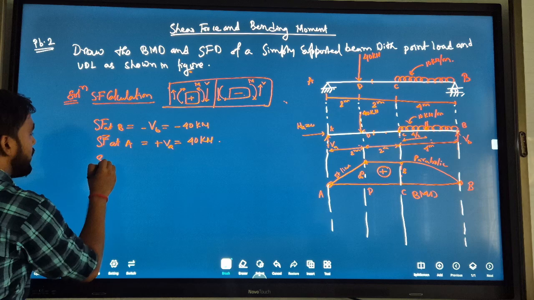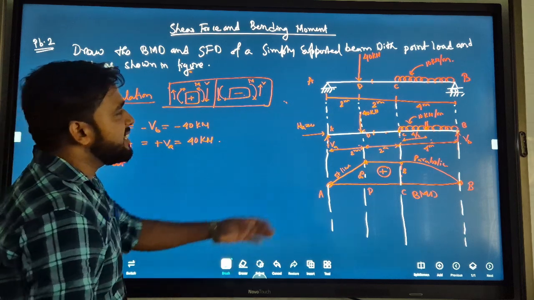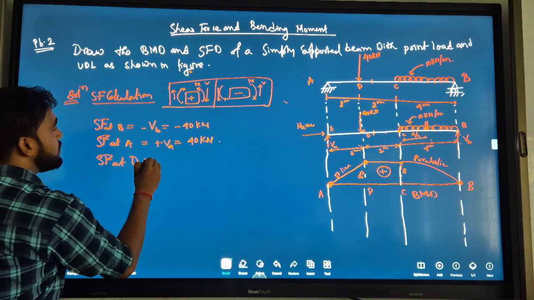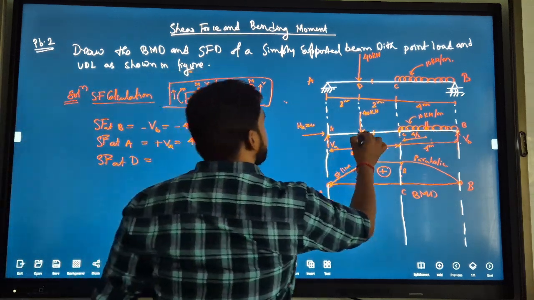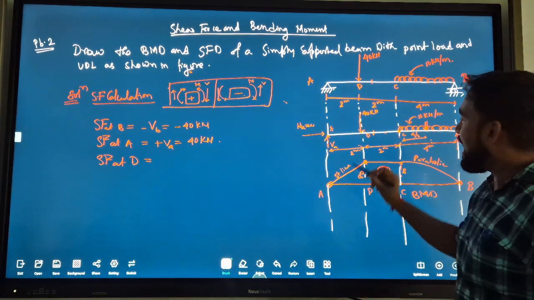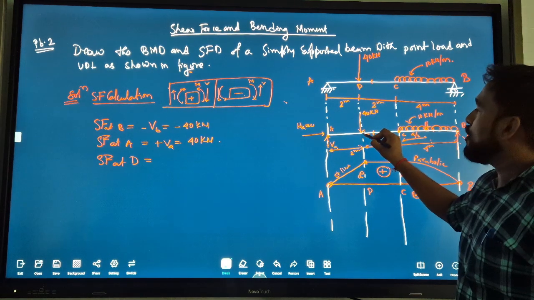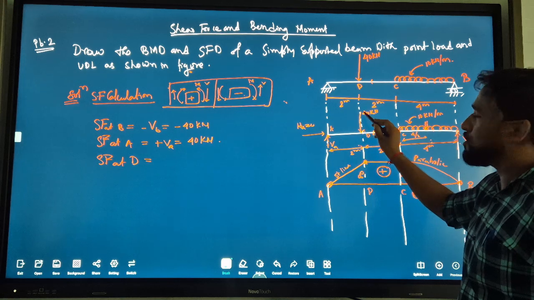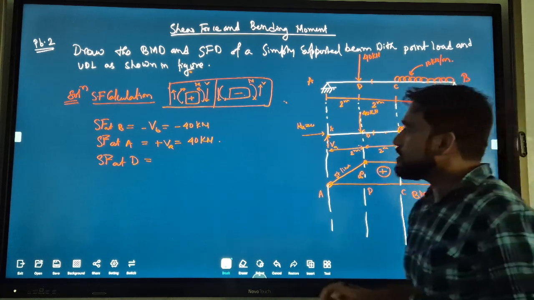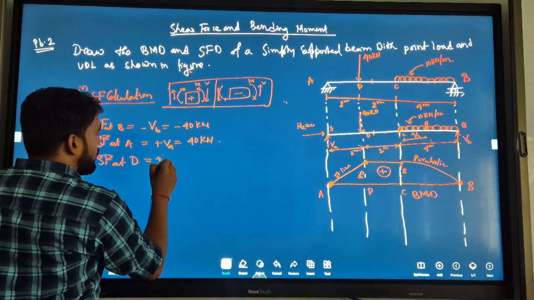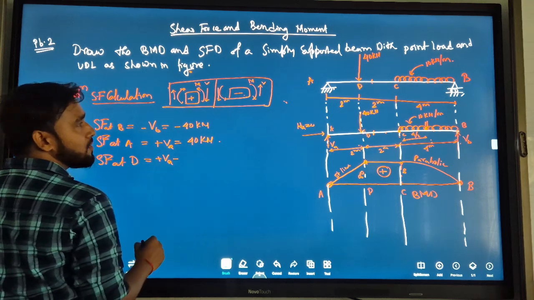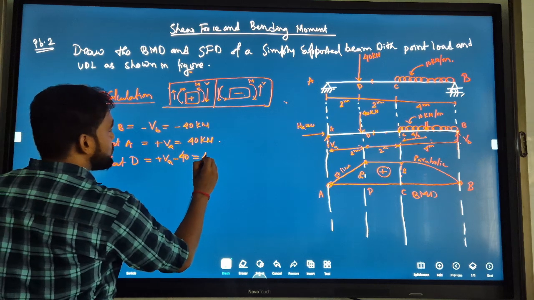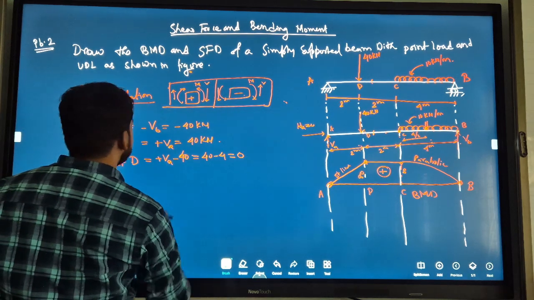Then shear force at D, just calculate the shear force at D. Please stand here and look towards A. Only two vertical forces, VA and 40 kilonewton. Clear? So let's write plus VA minus 40, becomes plus 40 minus 40, becomes 0.